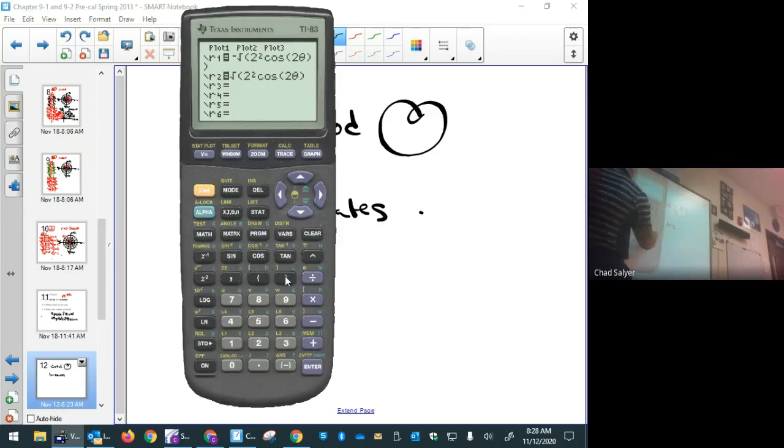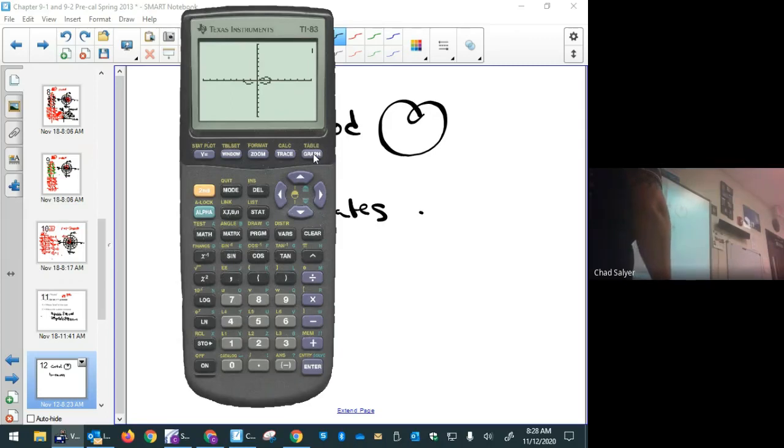Let's see what that looks like. It's supposed to be an infinity symbol. Yeah, I guess it kind of is, a little weird looking. And we've already talked about the spiral, so you guys know the spiral.